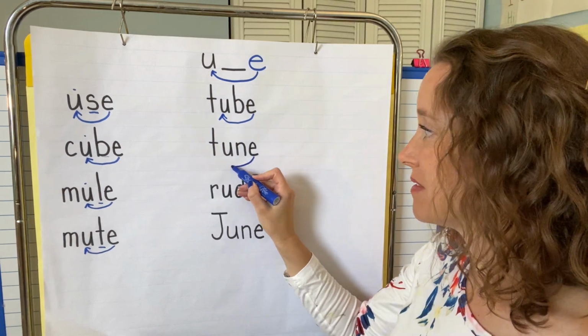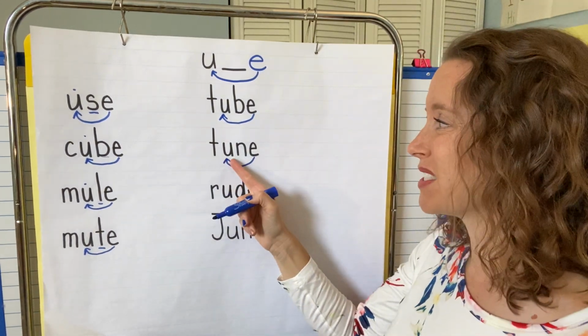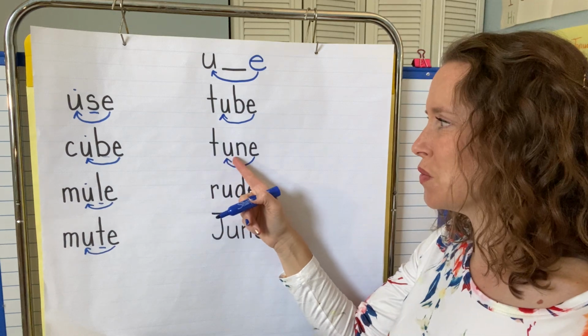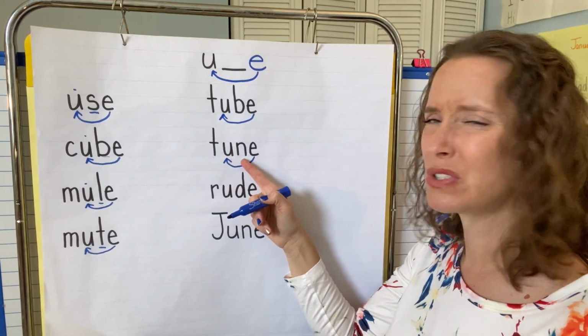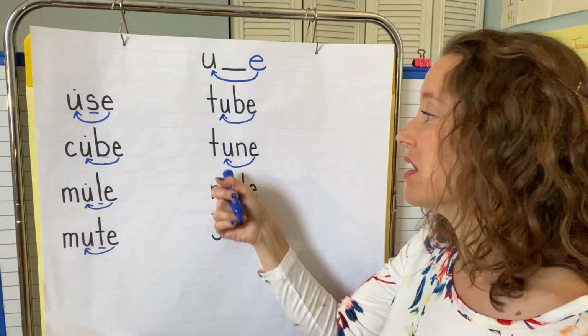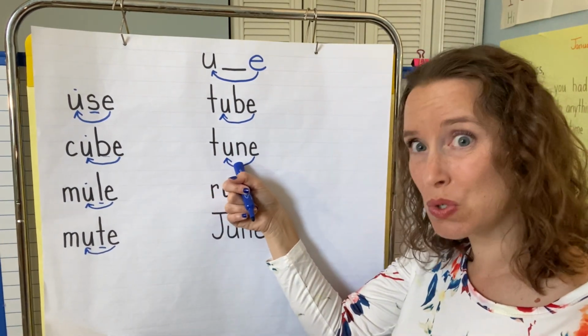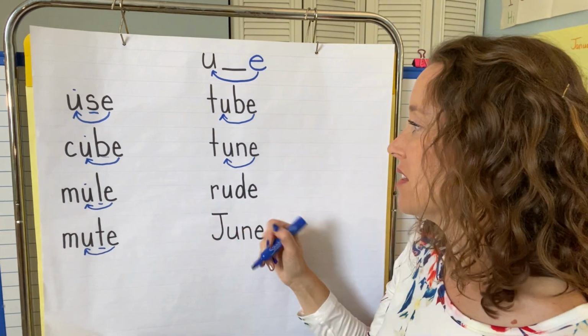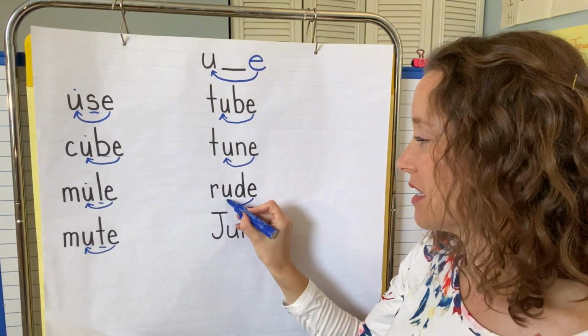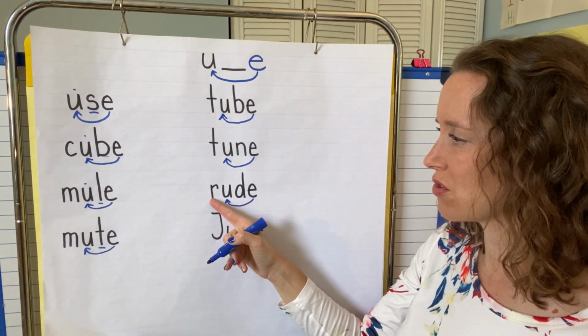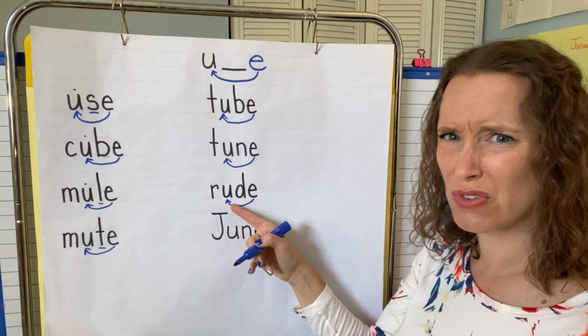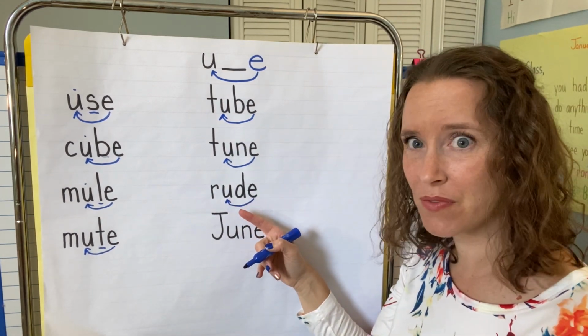Okay, same thing with this. Here's the E. If I was to make the U sound, yoon, tune, doesn't really work as well. This has more of an oo sound. Tune. Okay, look at this one. There it is. Same thing. Yude, doesn't sound right, does it?